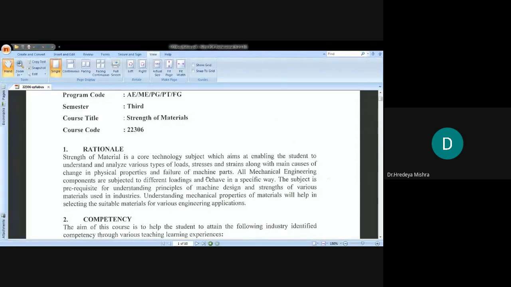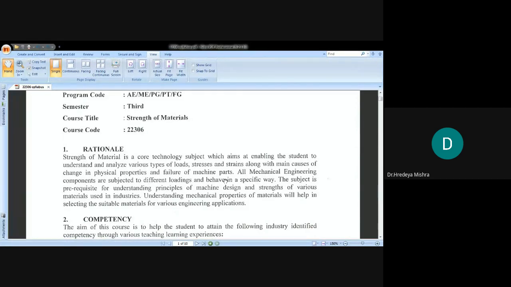When a load is applied on the component or material, then these properties show up. So stress and strain belong to the physical properties of the material.